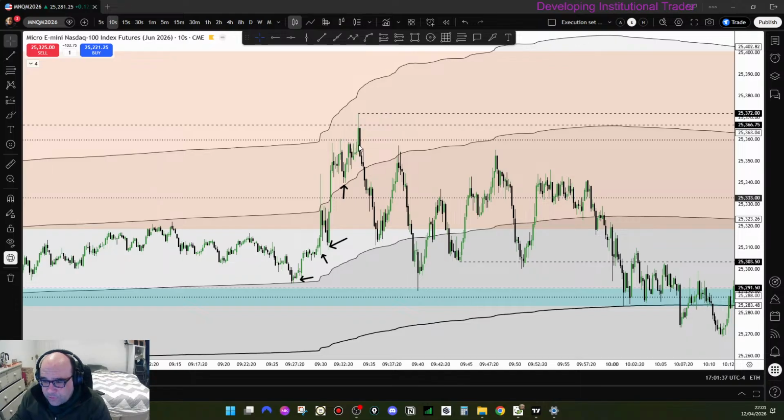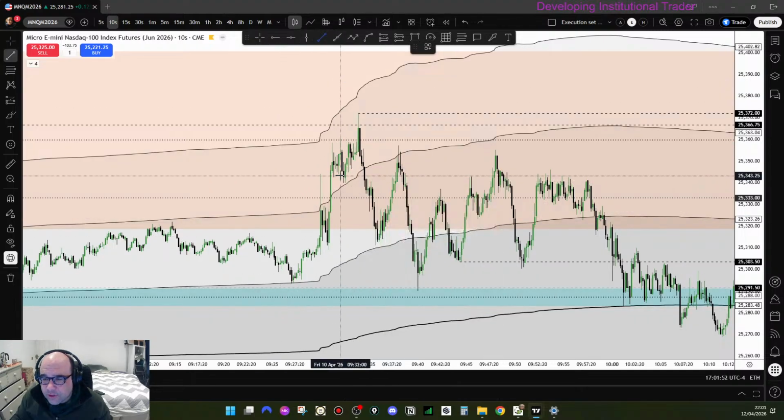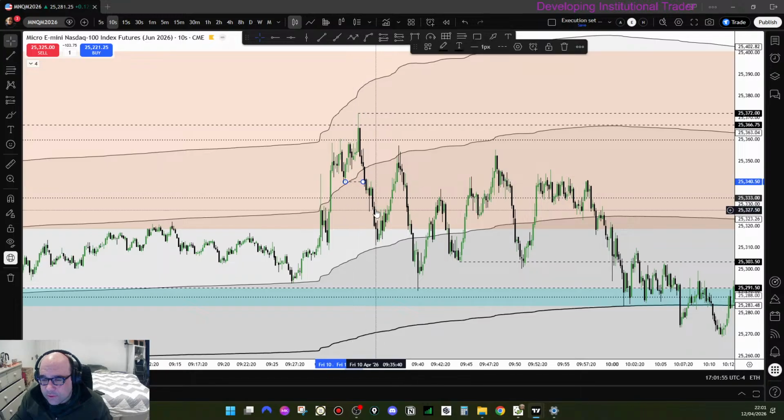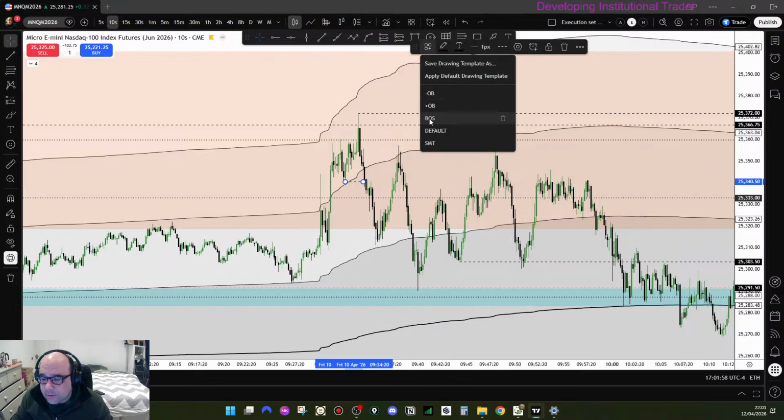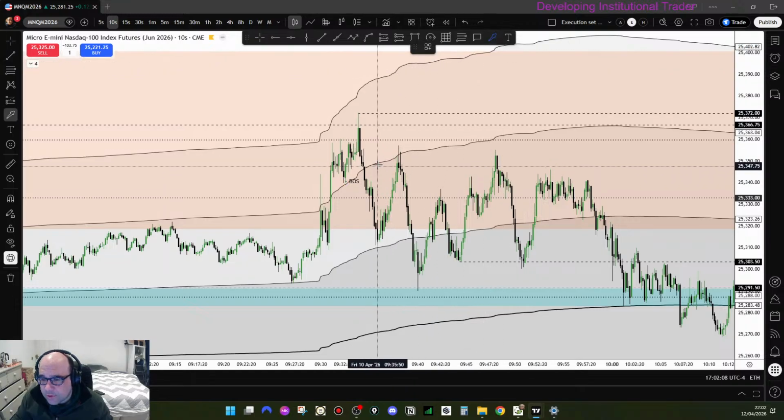The next thing, I was waiting for a break of structure. So what's a break of structure? I'll show you now. The break of structure is this one. There's a structure, and I'm waiting for the break of structure here, and then I'm waiting for the market to attempt a pullback at the break of structure.